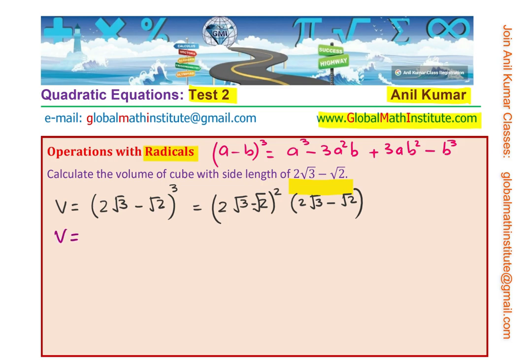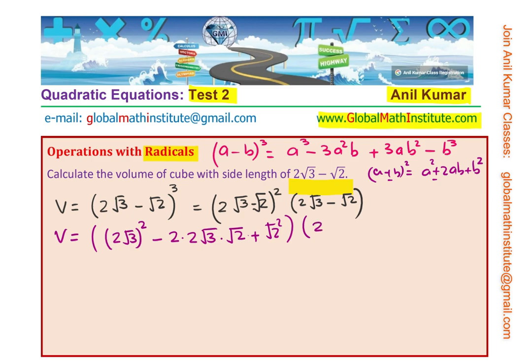So let's find the square of this, which is the square formula, you remember, a minus b whole square is a square minus 2ab plus b square, correct? So square of, let me write this as 2 square root 3 a square, minus, if it is minus, this will be minus, right? 2 times 2ab means 2 times 2 square root 3 times square root 2, plus b square means square root 2 square, right?